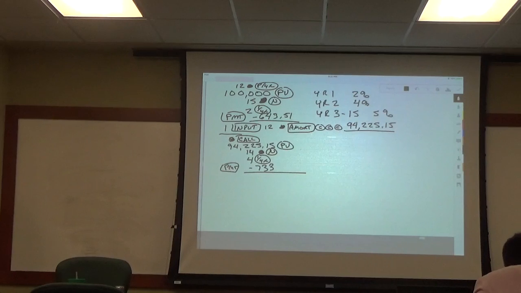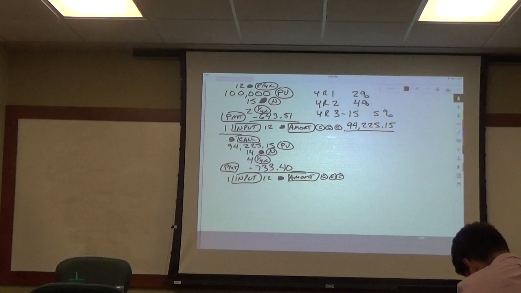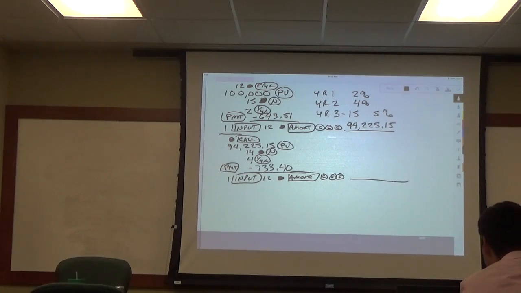We get $733.40. Okay, that's good for 1 year. So we do 1 input 12, because this is for another 12 months, but we're sort of starting as if it were a 14-year loan, so that's why we're starting with actually periods 1 through 12.